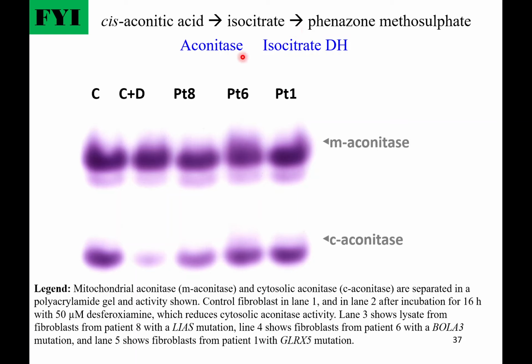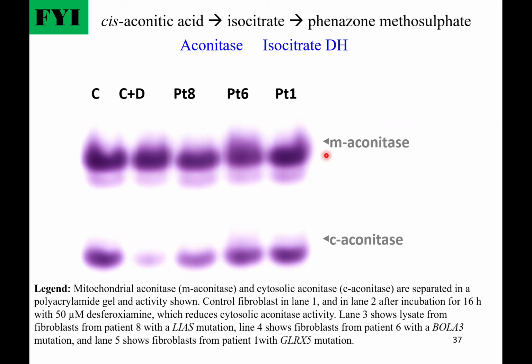But you're seeing how active the aconitase is by this reaction, which ultimately, when this molecule is reacted upon and reduced by isocitrate dehydrogenase, that is when you get the color change in this gel.